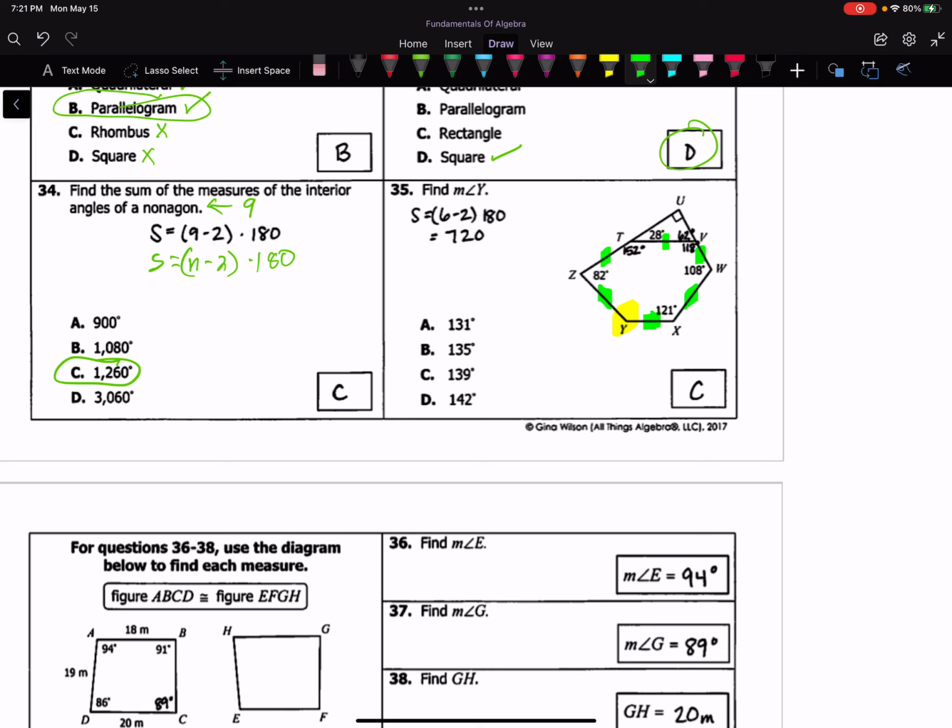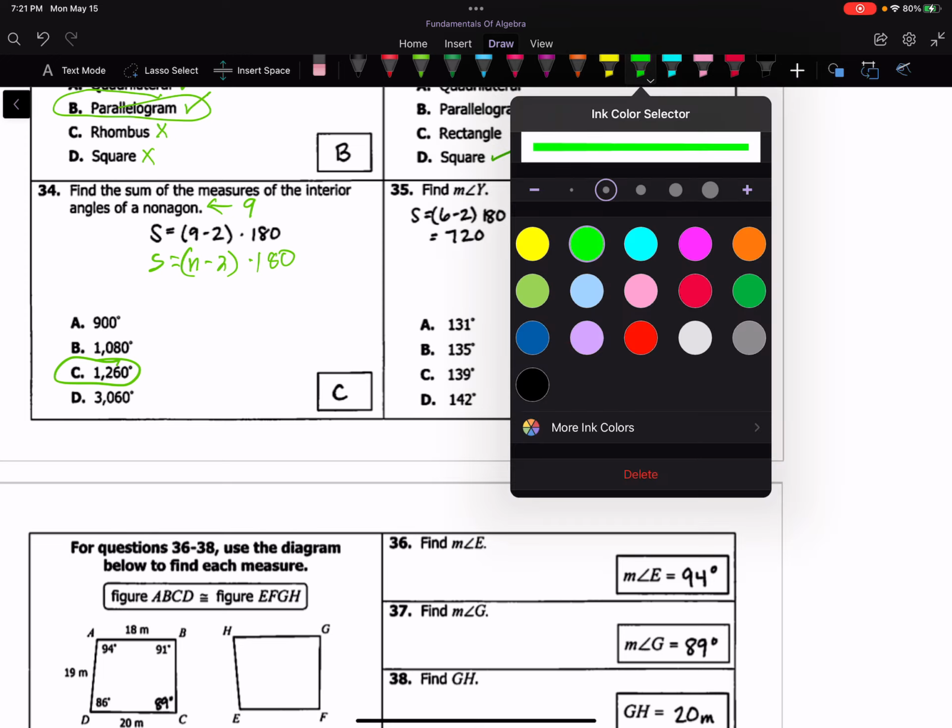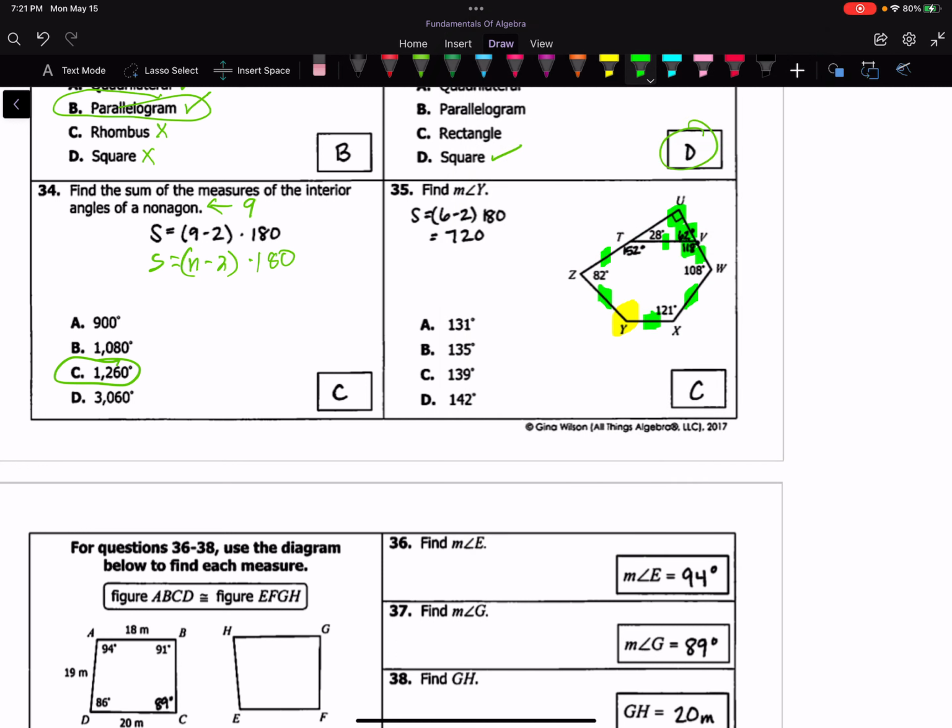Okay, after doing some manipulation with that square, we get this 62 degrees, which tells us the opposite side, which tells us this 118. This one is gotten because we can tell that 128 and 152 have to add up to 180.